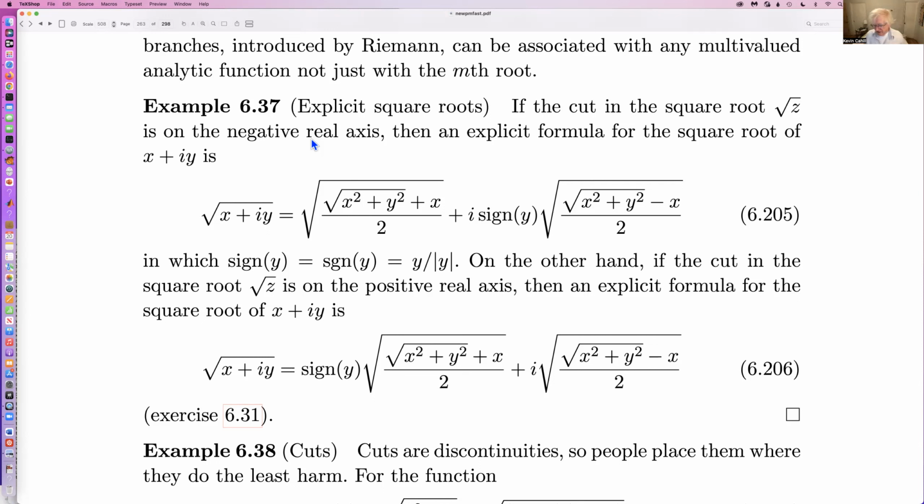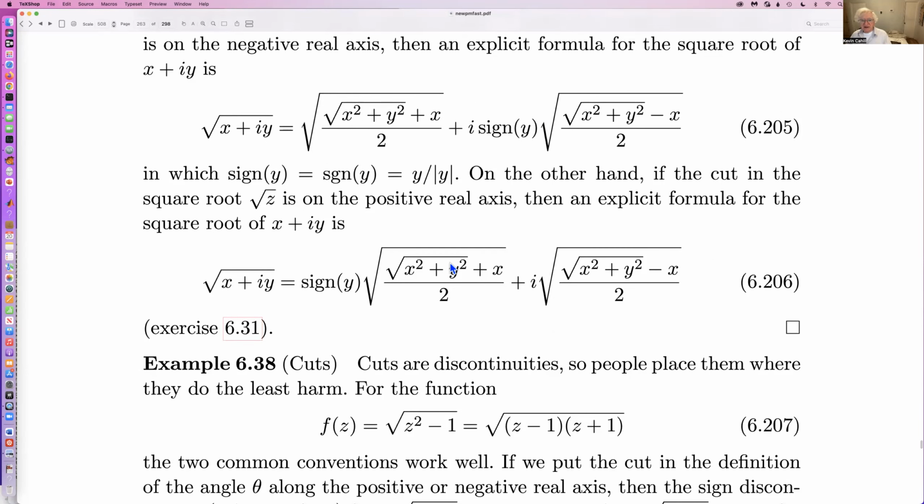definition of the square root, the square root function is then this expression here. It's the square root of (r plus x) over 2 plus i sine of y times the square root of (r minus x) over 2. And sine of y is y over the absolute value of y.